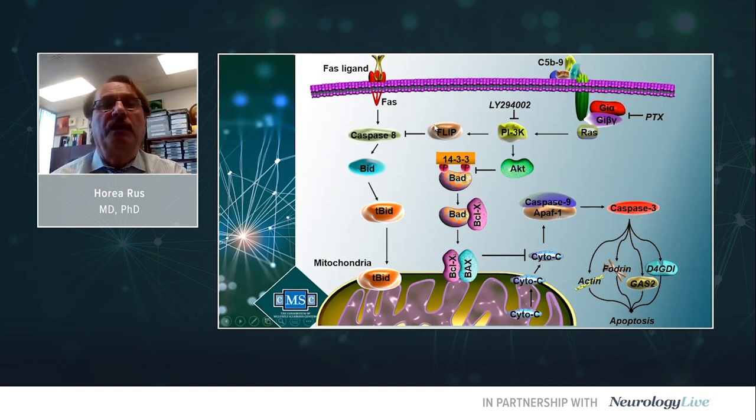In addition to that, PI3 kinase activates a protein called FLIP, which blocks activation of caspase 8, and caspase 8 promotes BID insertion in the mitochondrial membrane. And these are the pathways used by complement C5b29 to protect oligodendrocytes from apoptosis in vitro.